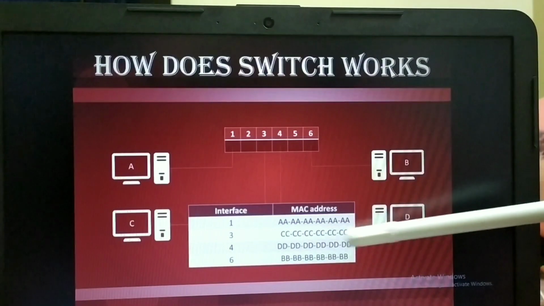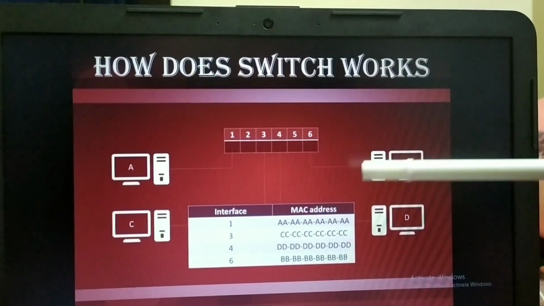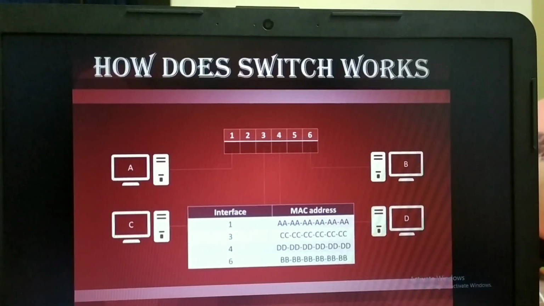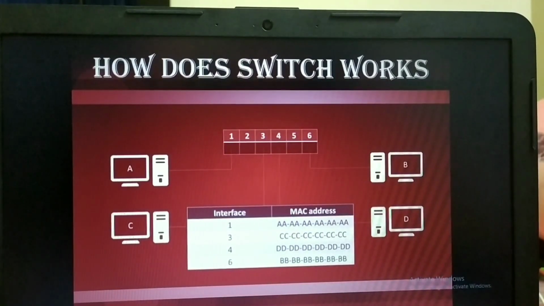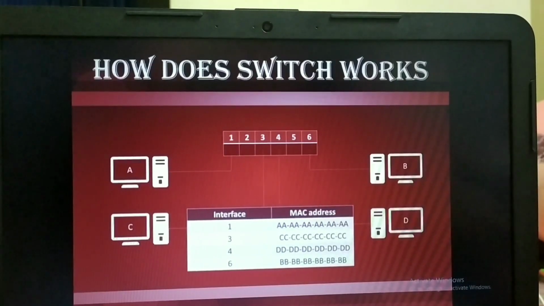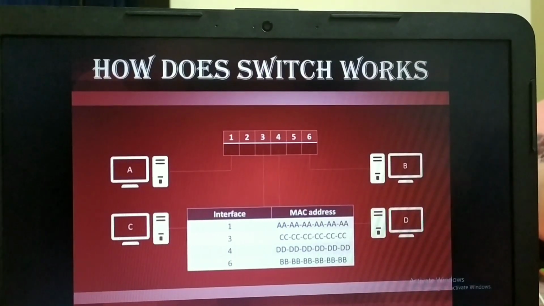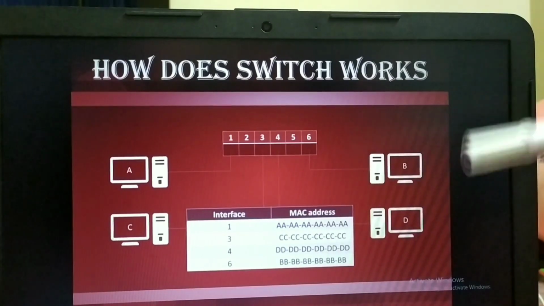So what is this we can see? MAC address. Very fine. What is MAC address? Media access control. We all know what media is. From the first lesson we have learned that the devices or components by which ICT devices connect to the network are called media.